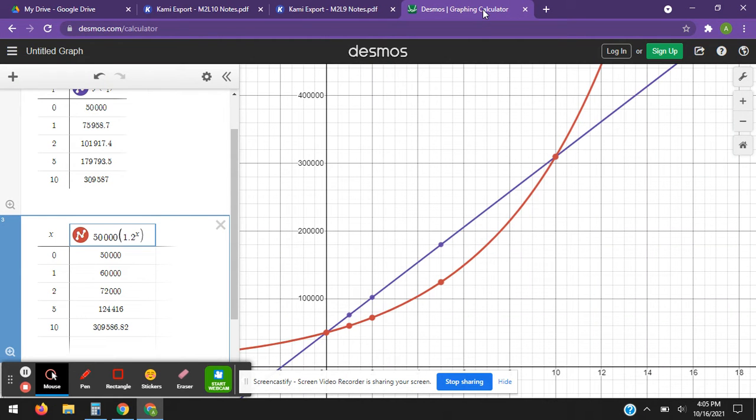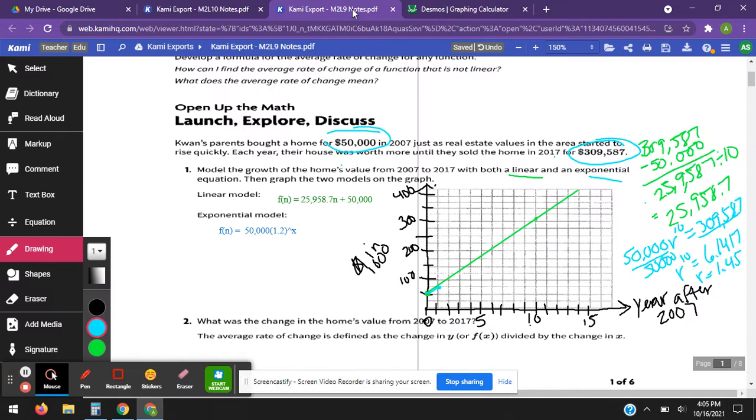And then 2 was 72. I don't like how that blue one's really high. I cannot get this accurate, so I'm going to use the cursor and see if I can get a little more accurate.